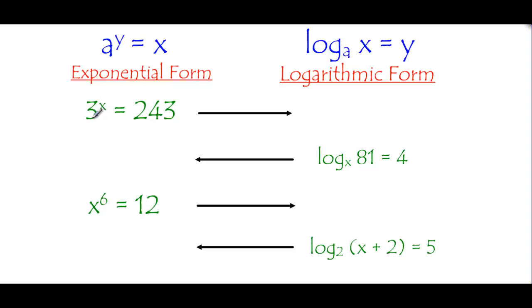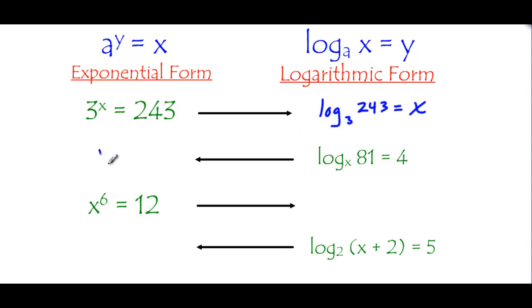If I give you exponential form of 3 to the x equals 243, it's going to be log base 3 of 243 equals x. So again, if you cover up the log, it looks like this, except for the exponent and the answer is switched. How do we work backwards? Log base x of 81 equals 4.